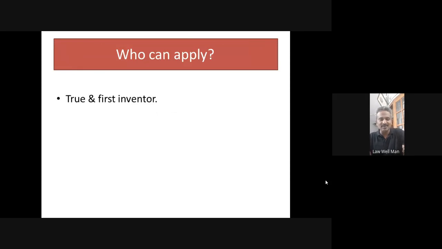That's a no, next question that should appear. It says true and first inventor. It would appear to be a commonsensical understanding, which need not be stating the obvious. You might feel like this, but there are historical reasons starting from 1624 in England, which is a predecessor of patent law, which provided for giving a kind of monopoly, which is considered to be the predecessor of patent.